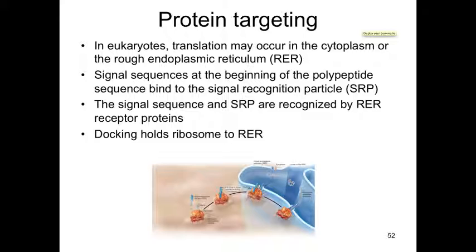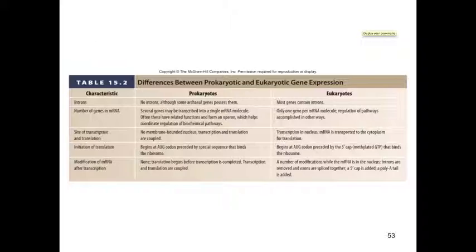As the polypeptide chain is formed, it's dumped inside the rough endoplasmic reticulum. This is the beginning of the protein trafficking pathway that you learned about when we considered cell organelles and the endomembrane system. In this table, we can summarize some of the differences between prokaryotic and eukaryotic gene expression. Spend a little time looking at it just to see if you understand the distinctions.